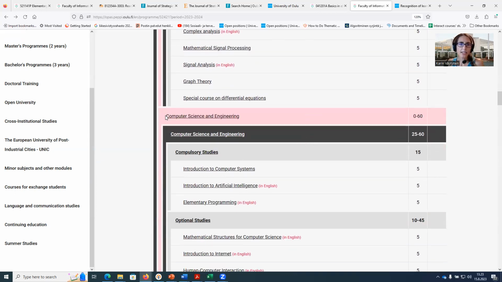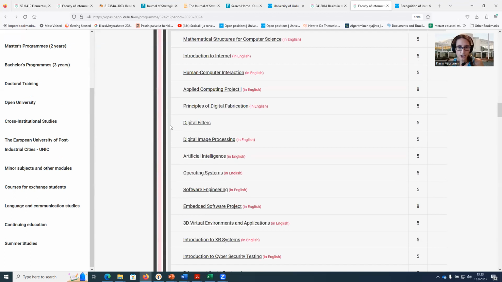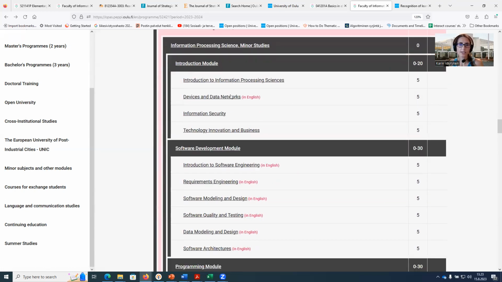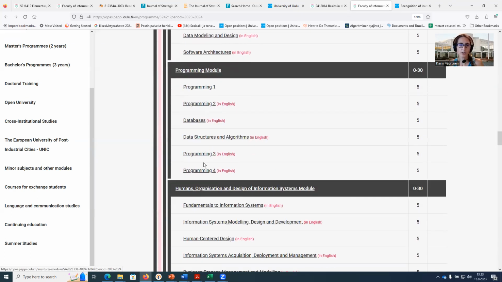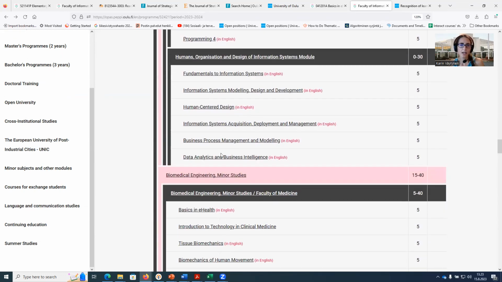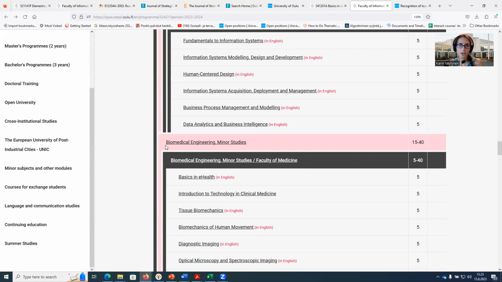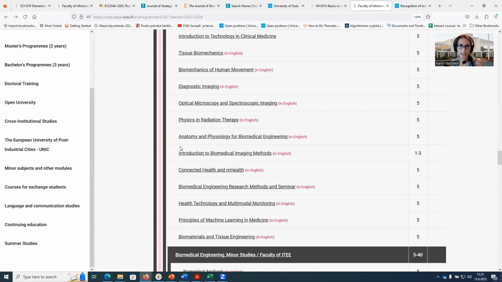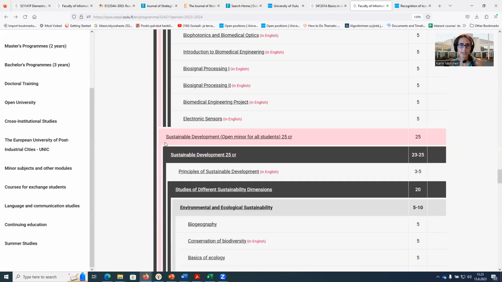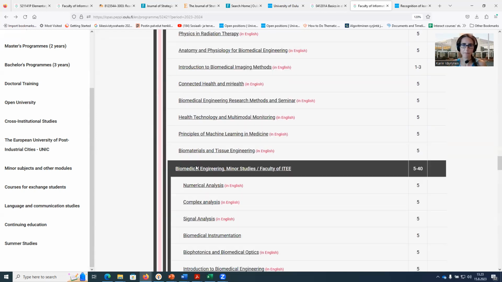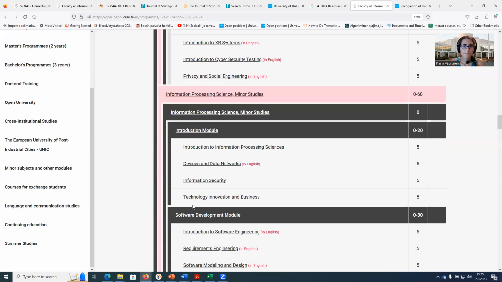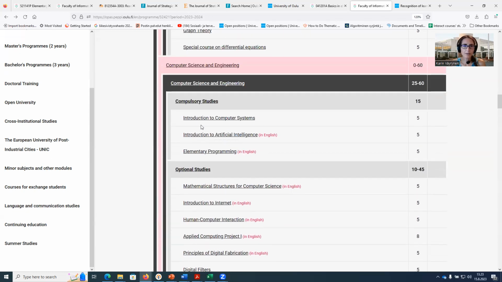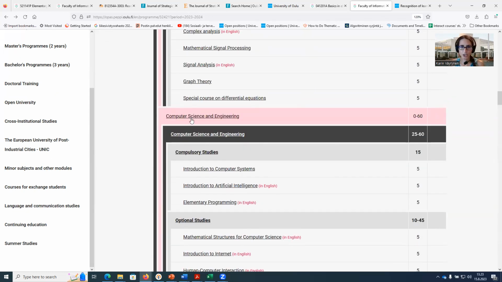But so let's see. There is computer science and engineering, information processing science, minor studies, where there are different kinds of programming modules, for example. There are minor studies in biomedical engineering and in sustainable development, but that is the same for the whole university. But let's take an example from computer science and engineering.